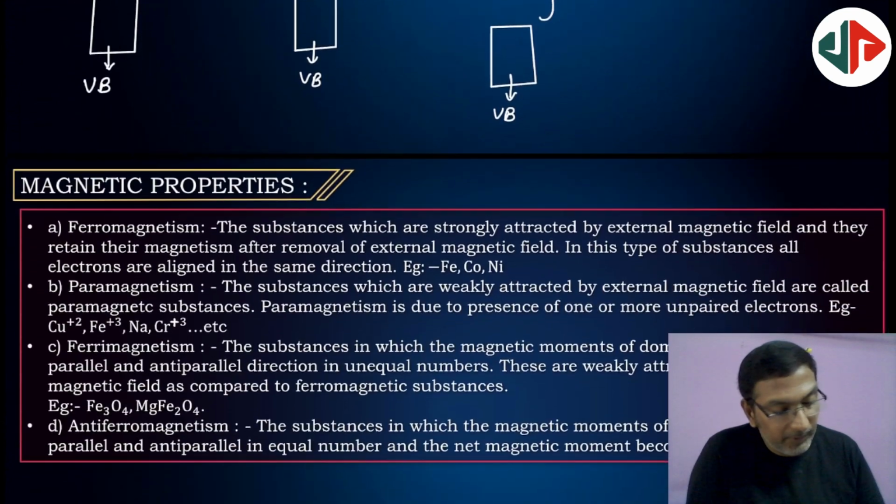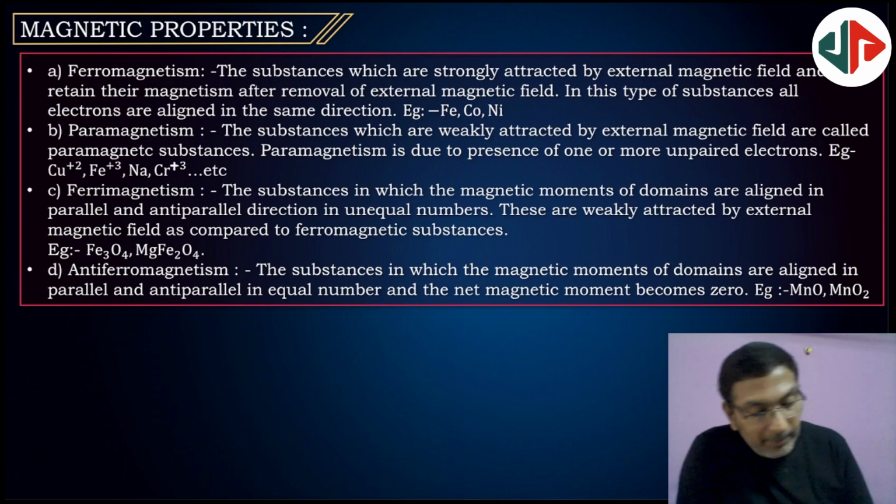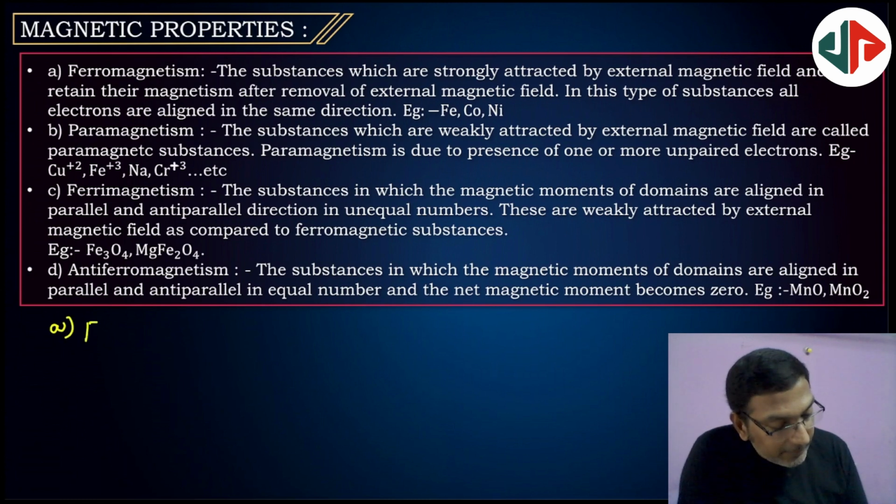Next, magnetic properties. So here magnetic properties are 5 types. First one, ferromagnetism. Next, paramagnetism.